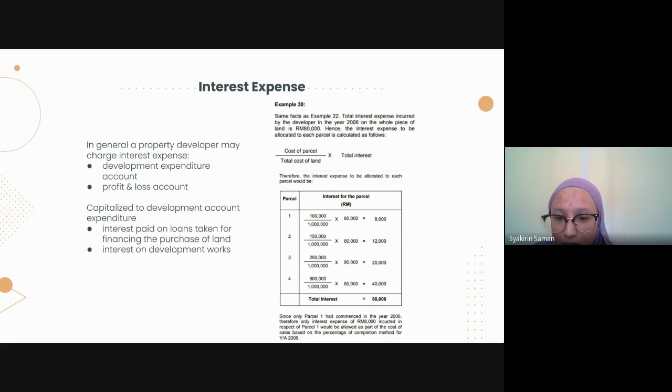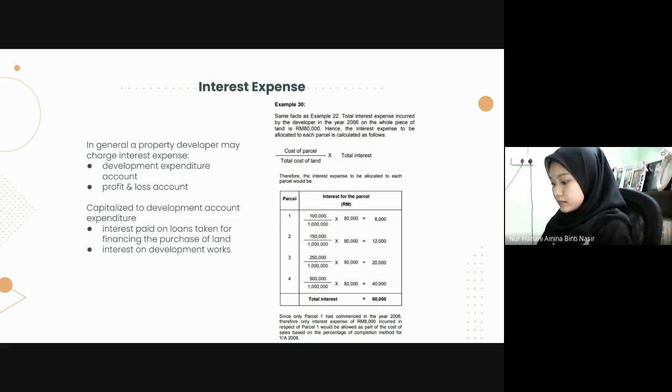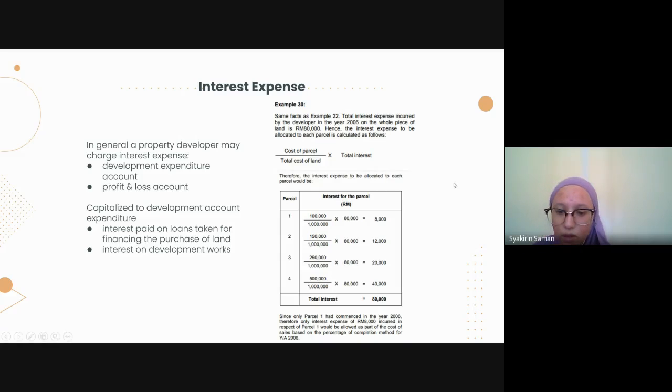So the total interest for parcel 1 is only X thousand instead of 80,000 of total interest. Since only parcel 1 had commenced in the year 2006, therefore only interest expense of 8,000 incurred in respect of parcel 1 would be allowed as part of the cost of sales based on the percentage of completion method for year of assessment 2006. Next.